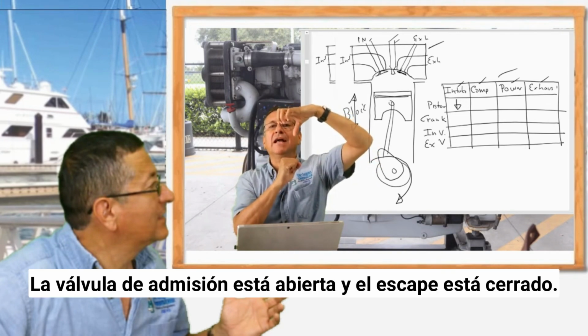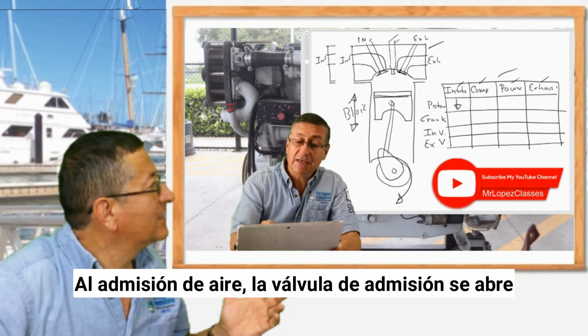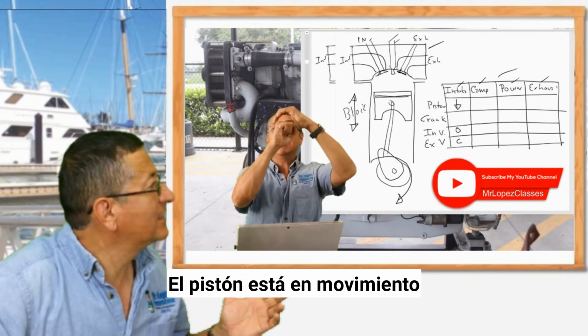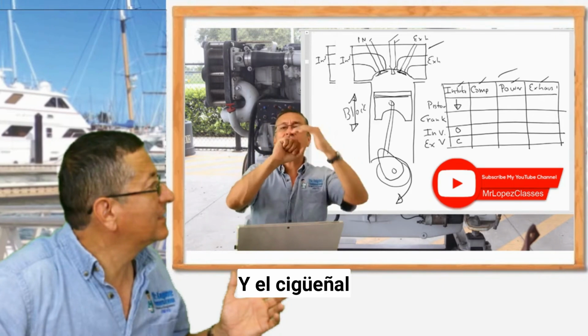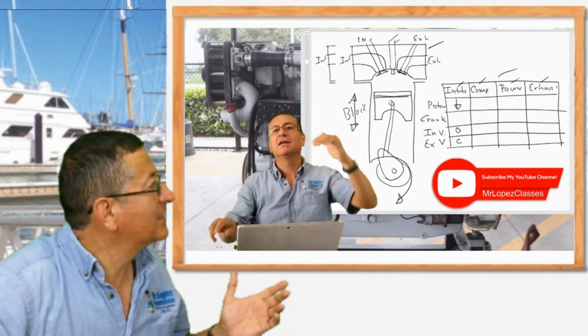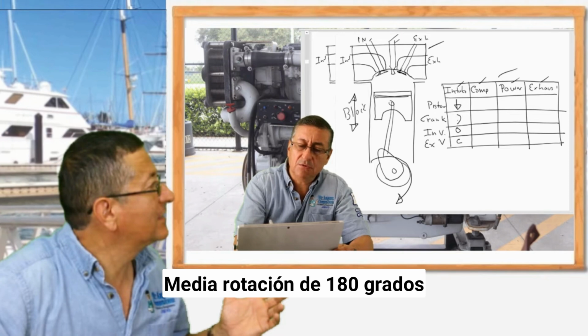The intake valve is open and the exhaust valve is closed. In this movement, the crankshaft rotates 180 degrees, half a turn.